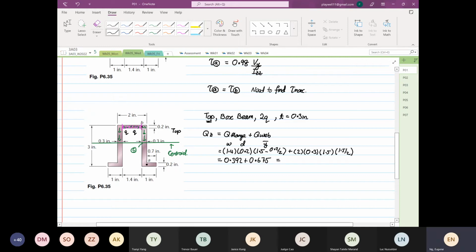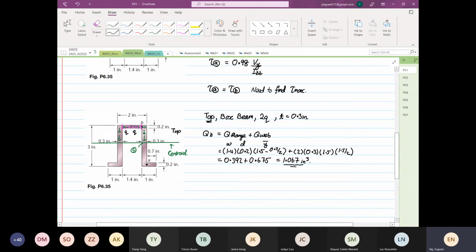So this is equal to 0.392 plus 0.675 is equal to 1.067. And this is inches cubed. Okay, let me do it again. So 1.5 minus 0.1 times 1.4 times 0.2, 0.392, 1.5 divided by 2 times 1.5 times 0.3 times 2, 0.675, plus 0.392. Okay, 1.067.